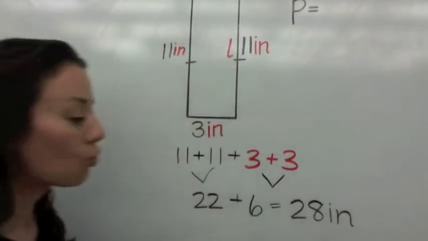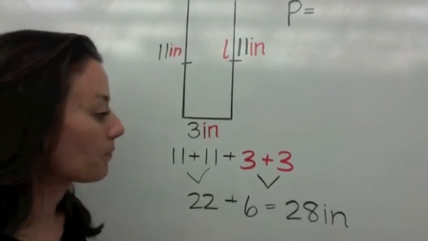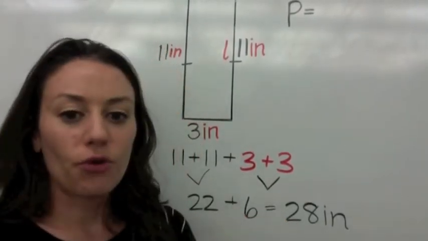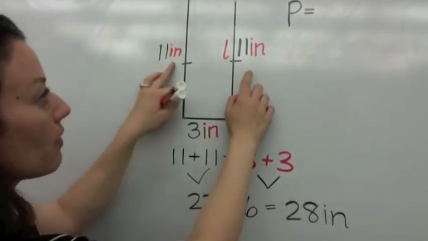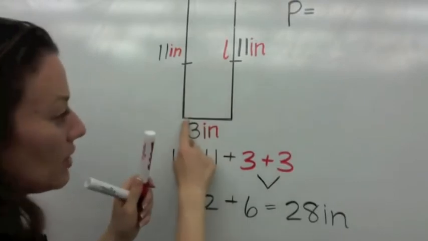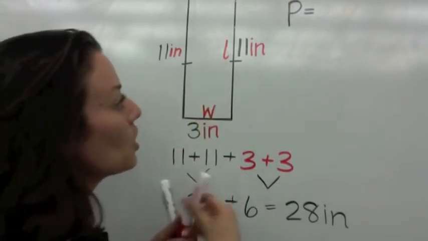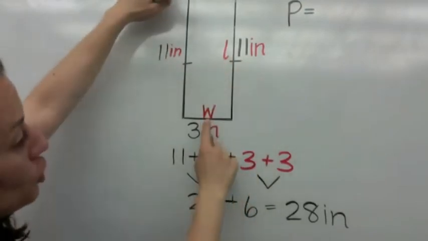Now there's a shorter way to do this, and that is by using the formula. There's 2 of the lengths. Now this is the length, and what's this one called again? It's called the width. There's 2 of the lengths and there's 2 of the widths.